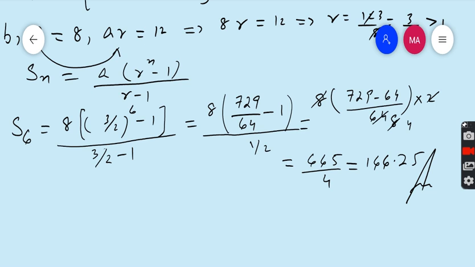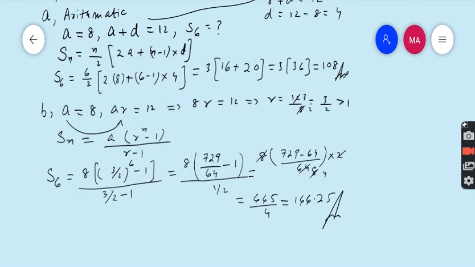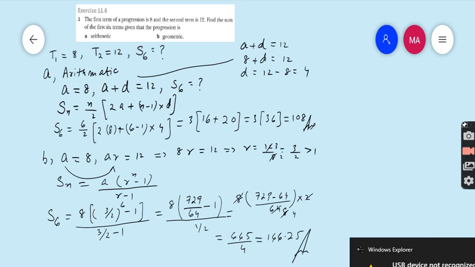The first part answer is 108 and the second part answer is 166.25. This is the summary of question number 1. Hope you completely understand. Move to question number 2.